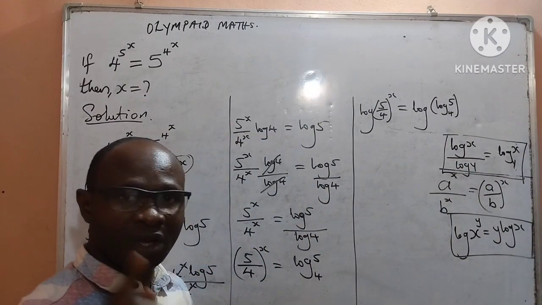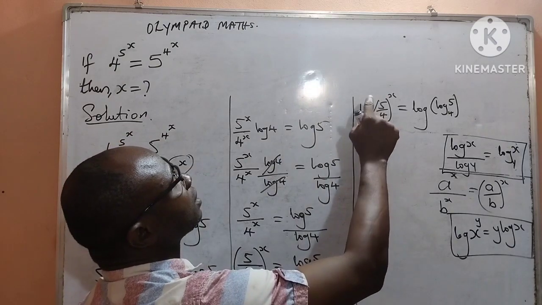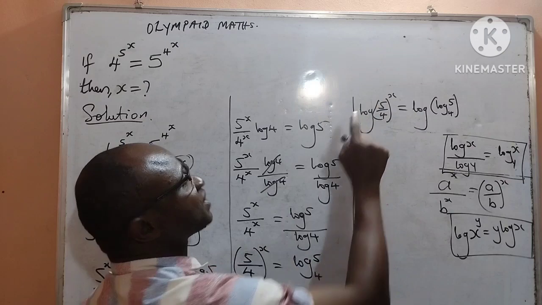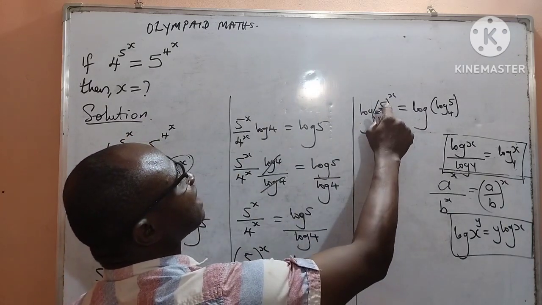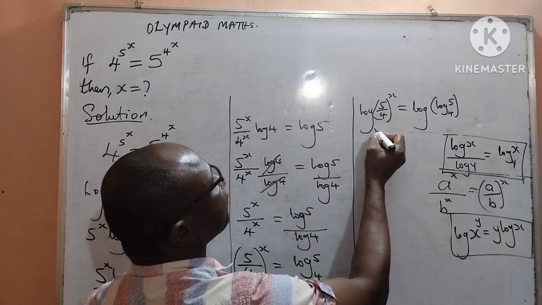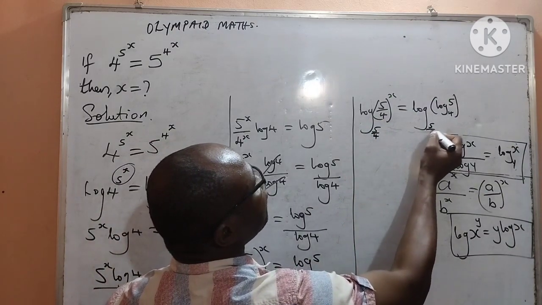But there is something I want to achieve here. For me to make sure that I get only x here, I am going to write both of them to the same base, 5 over 4. So here is 5 over 4, here also is 5 over 4.